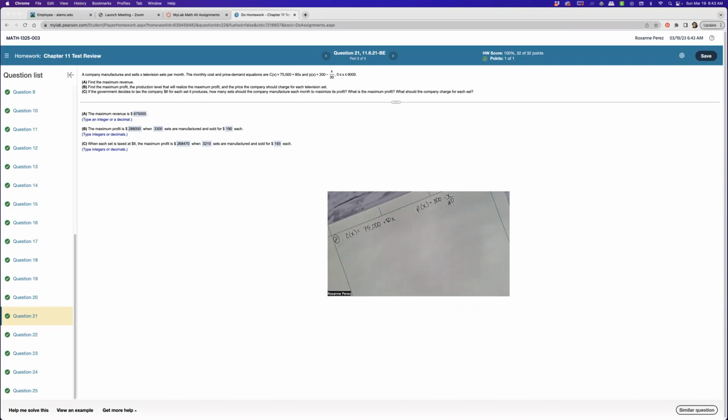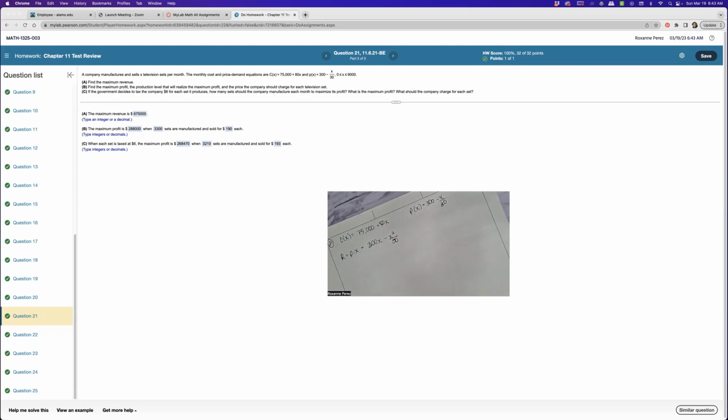To find the maximum revenue, we're going to take revenue equals p times x. We have our p, so that's going to give us a revenue function of 300x minus x squared over 30.